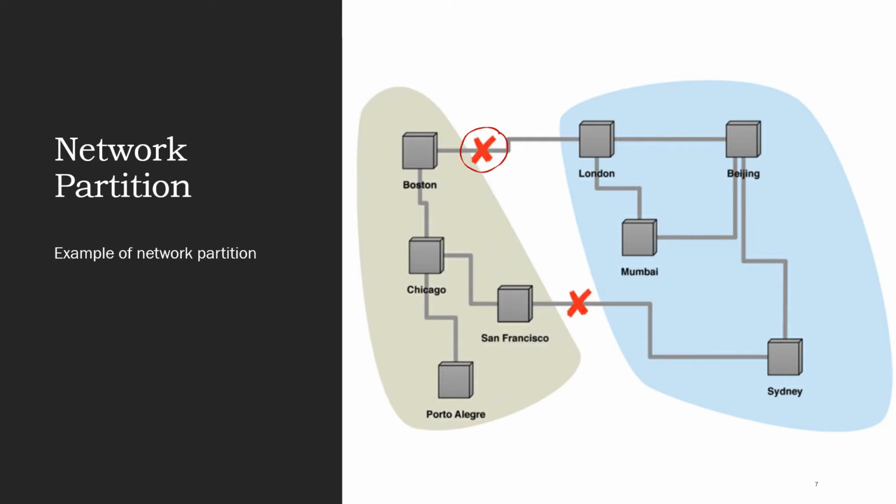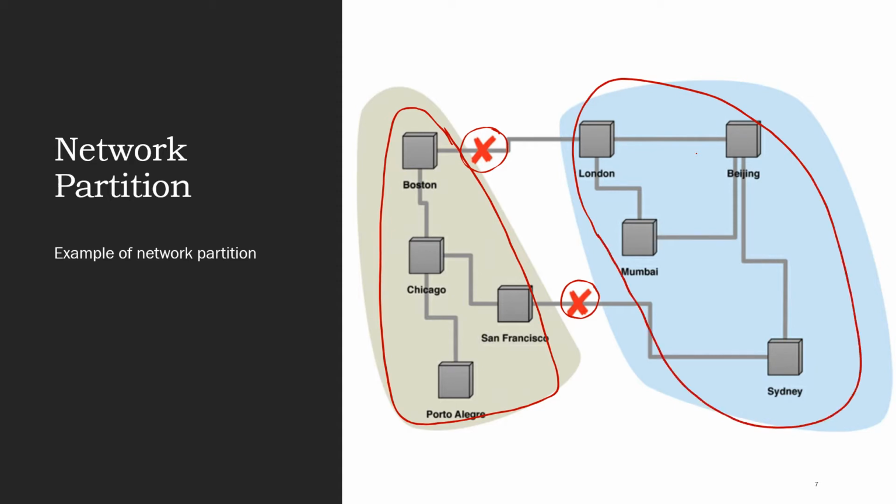From this example diagram, you can see that there exists a network failure here, right? And with this failure, the system is partitioned into two parts, this and this. That means a connection between these two parts is not possible during the time of the network failure.